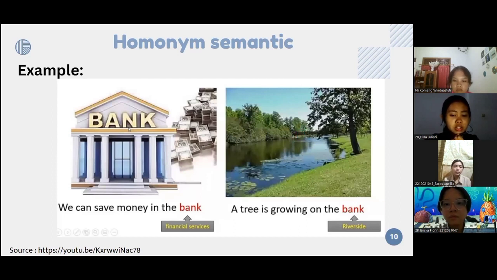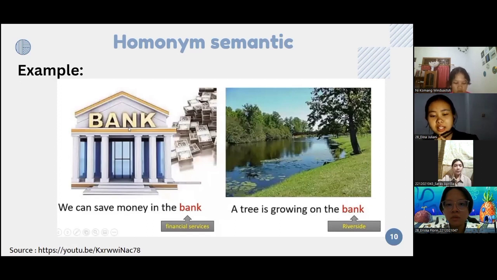The bank here refers to financial services. How do we know that the bank refers to financial services? We can know it from the context of the sentence. The context is, we can save money. It makes sense if we assume that the bank in this sentence is financial services because it is related to money.